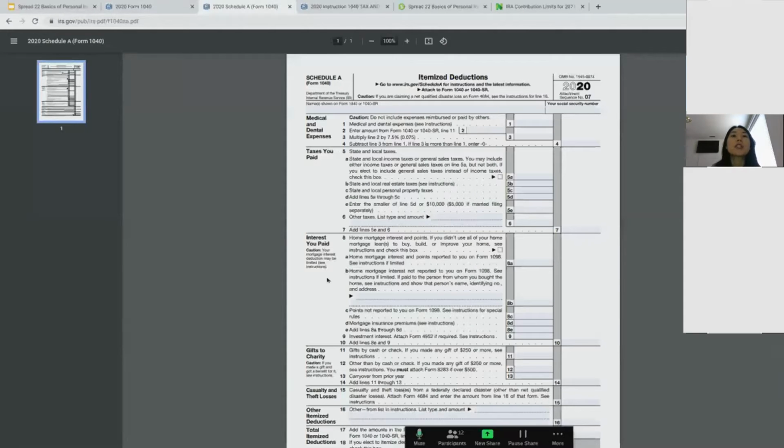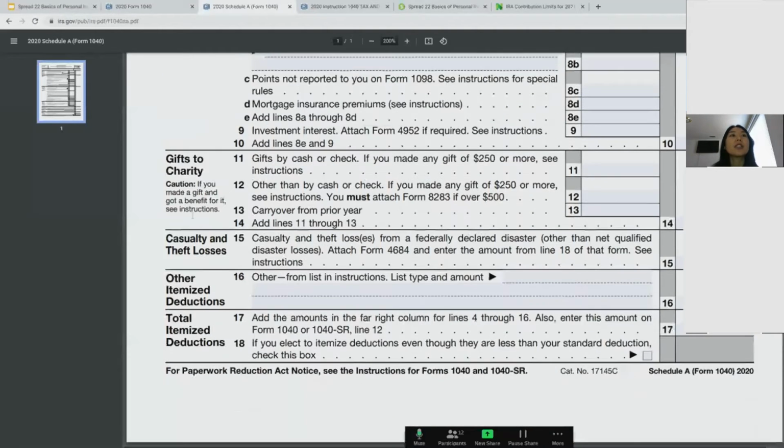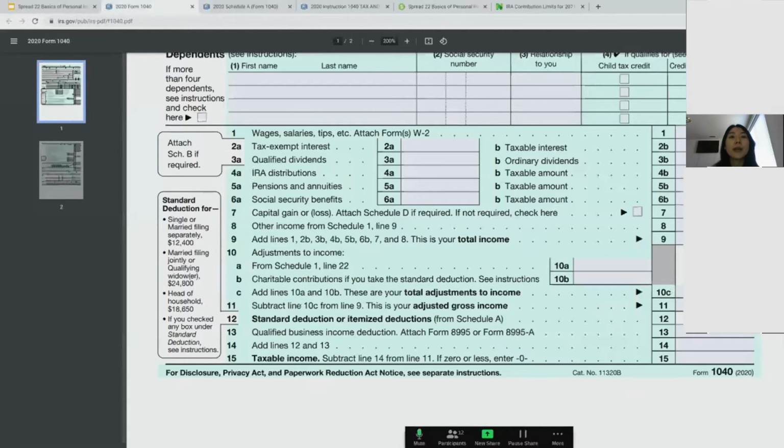So these are the major sections, the same ones I talked about: medical and dental, taxes you paid, interest you paid, gifts to charity, casualty and theft losses, and other itemized deductions. So if your itemized deductions are bigger than your standard, take itemized and pop it here along with Schedule A. And then after subtracting that, you get to your taxable income.